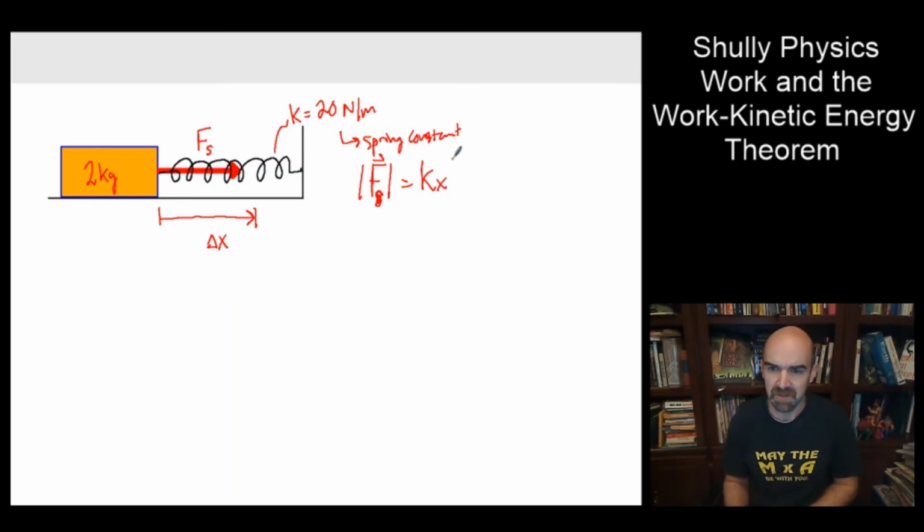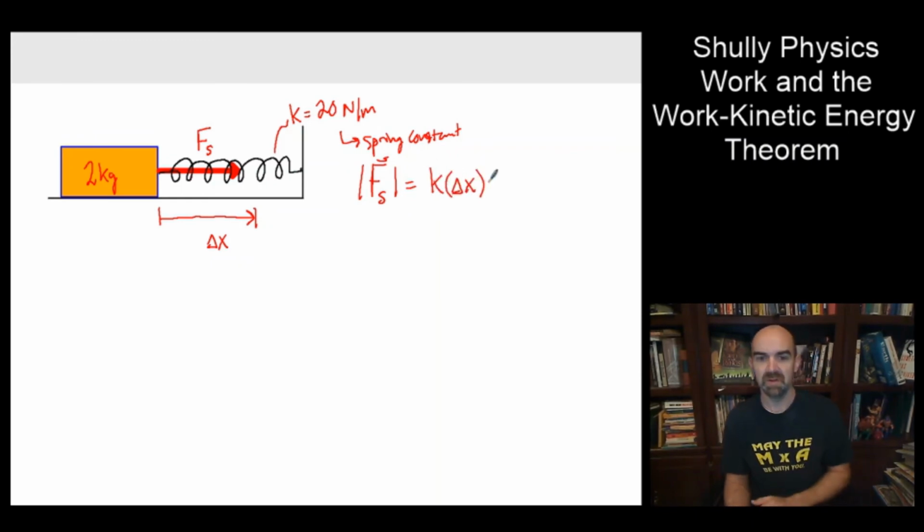So here's our kx, and more specifically, let's make this real clear here, it's k delta x, because it's the displacement of that spring that makes that spring have a force.